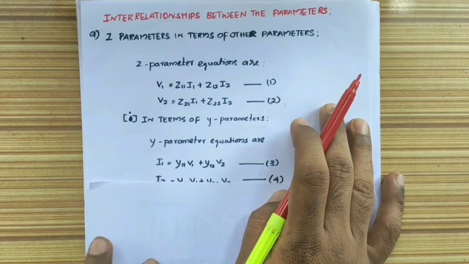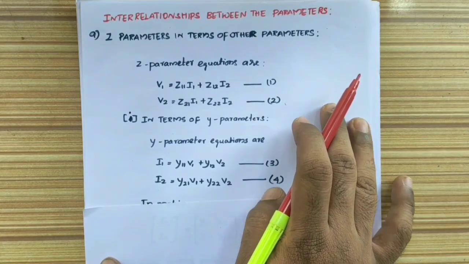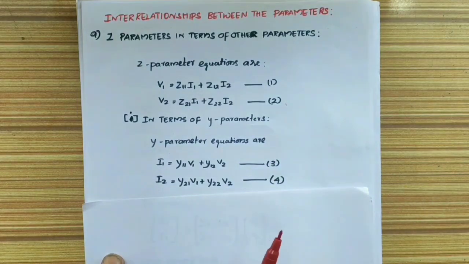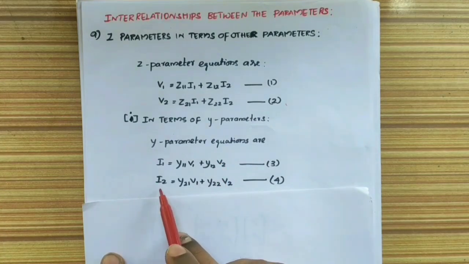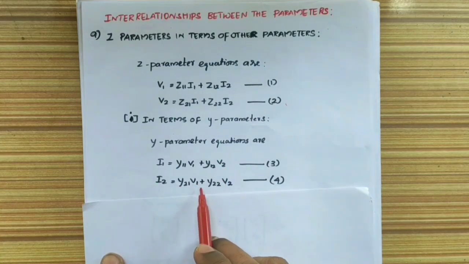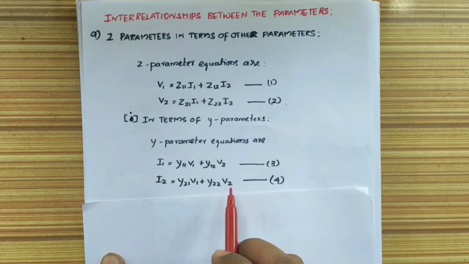Now I am going to write the Z parameters in terms of Y parameters. For that I am taking the Y parameter equations first. They are I1 equal to Y11 V1 plus Y12 V2. Similarly, I2 equal to Y21 V1 plus Y22 V2.